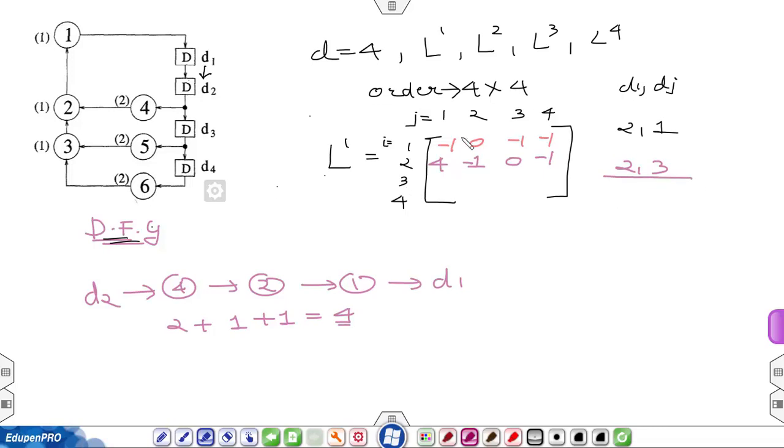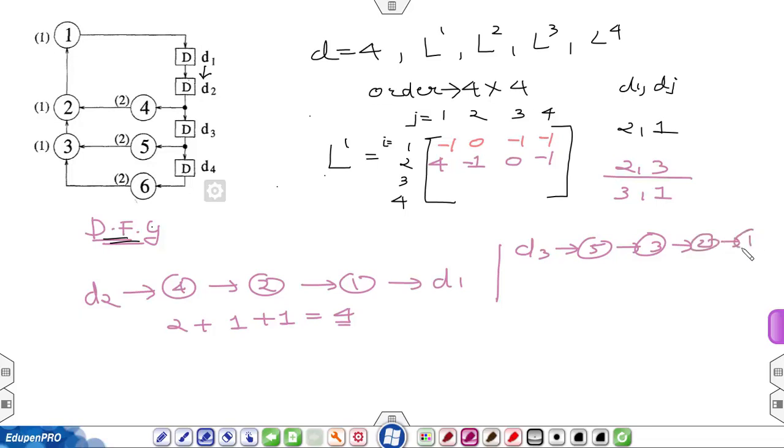Now we can calculate 3 comma 1 also in a similar manner. You have to start your journey from D3, and one path is possible: D3 to node 5, node 5 to node 3, node 2, node 1, and then D1.